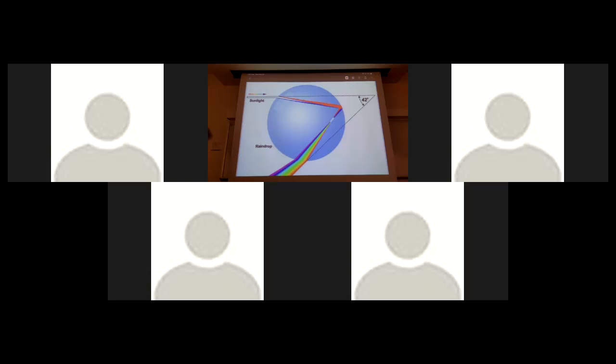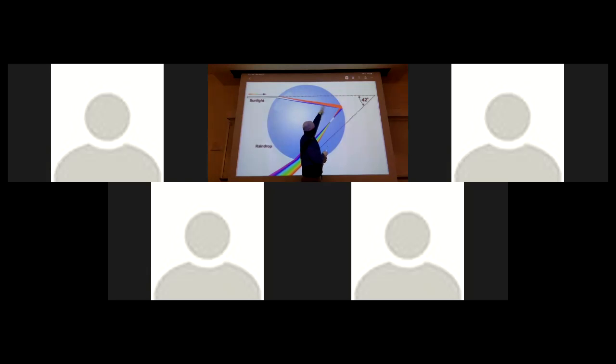Sunlight, which again is the superposition of all possible frequencies, comes into a water droplet. Once it comes into the water droplet, each one of these different rays bends a different amount because they all have a different index of refraction, because index of refraction is frequency dependent, which means you get dispersion on the inside of the water droplet.